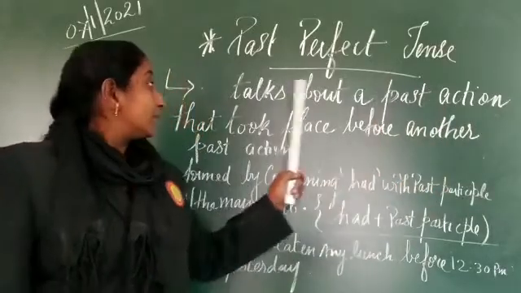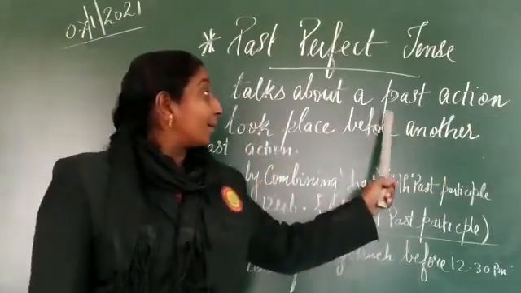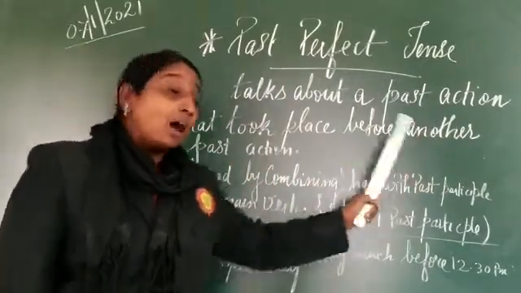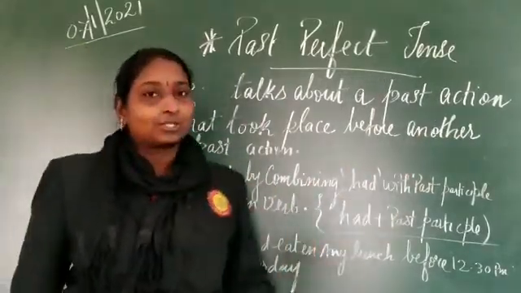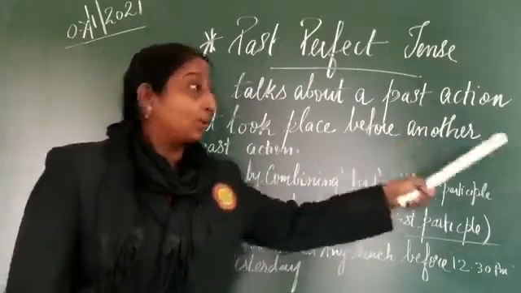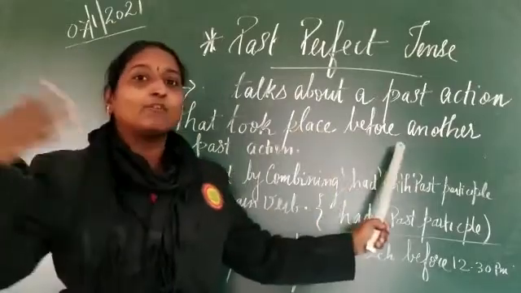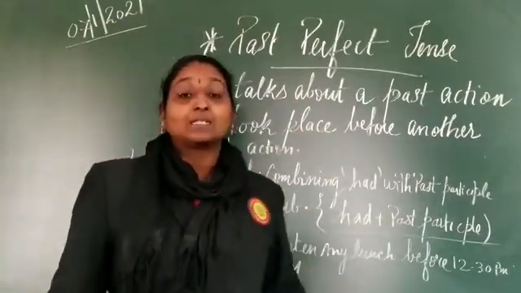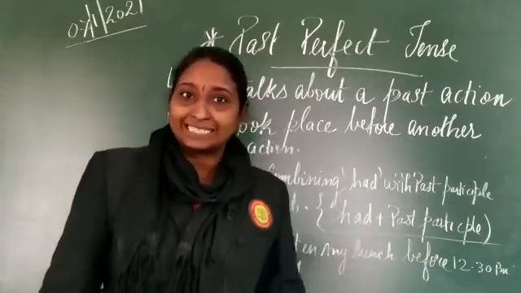So what is it? It talks about a past action that took place before another past action. Whatever action has taken place before another past action is known as the past perfect tense.